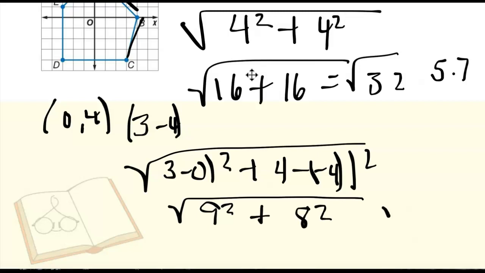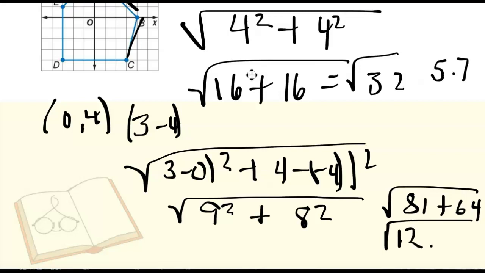So we'd have the square root of 9 plus 64, and when we do all of that math, we are going to get an answer of 12.0.